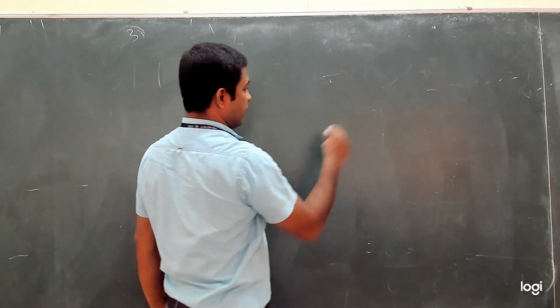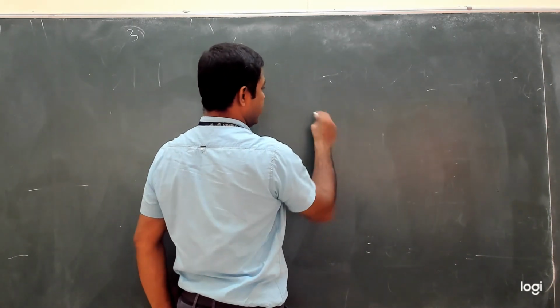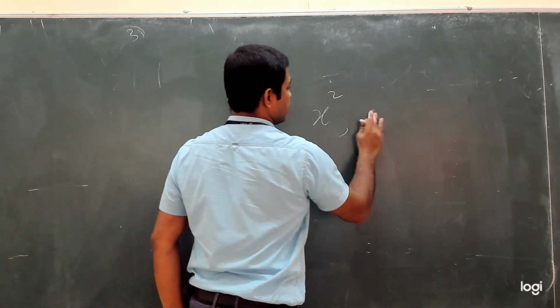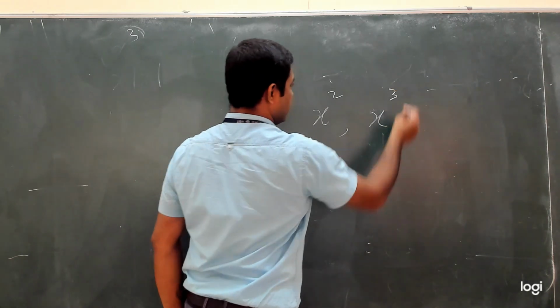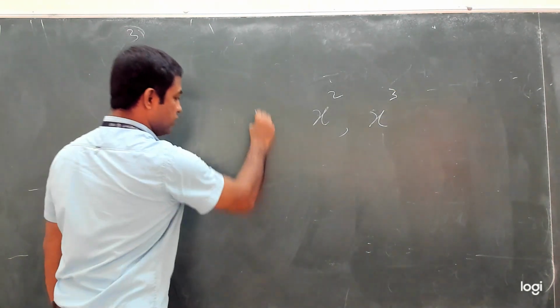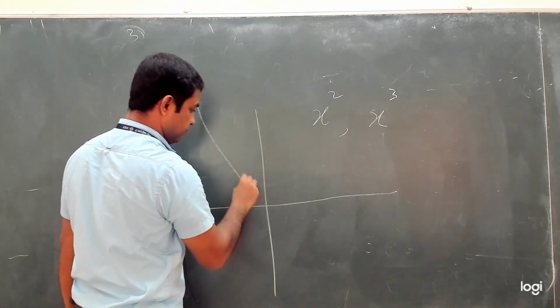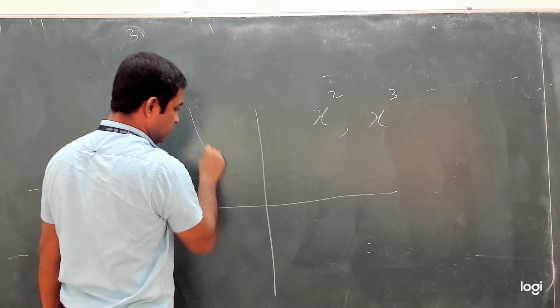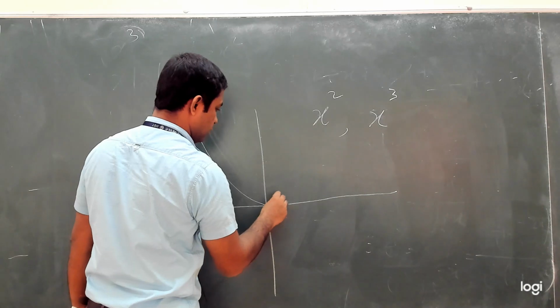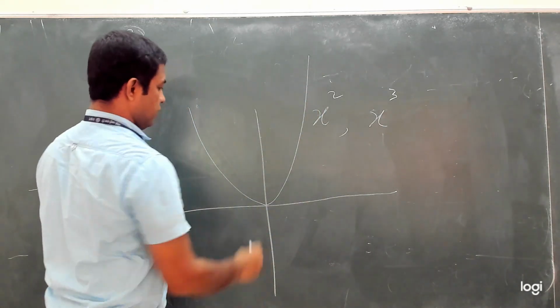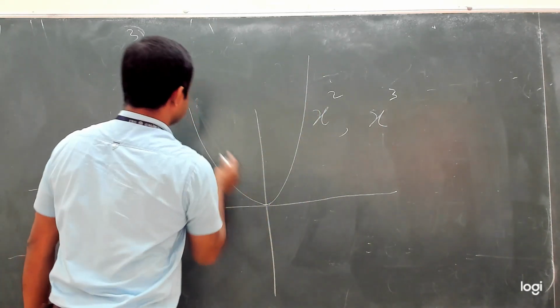Okay, let us not worry about the x mod x. Let us take x square and x cube. Okay. So if you plot this, obviously x square is having a minima, and slope is 0. This is x square.